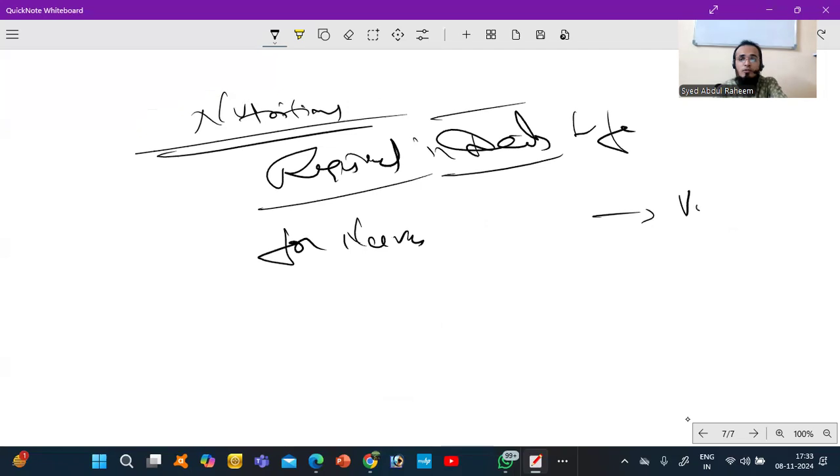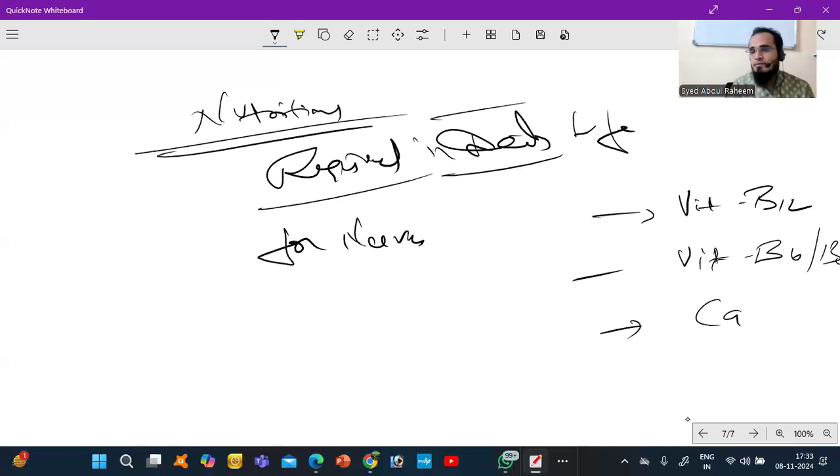First is vitamin B12, very important, because the nerve has a myelin sheath, axon, cell body, dendrites, as we already studied in anatomy and physiology. Vitamin B12 is very essential to improve the function of the nerve. Along with it, we need vitamin B6, B3, calcium, and vitamin D3.